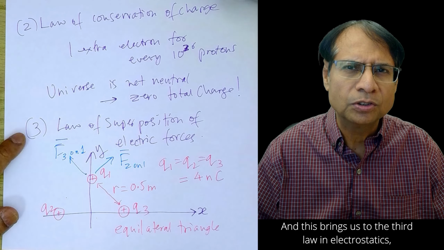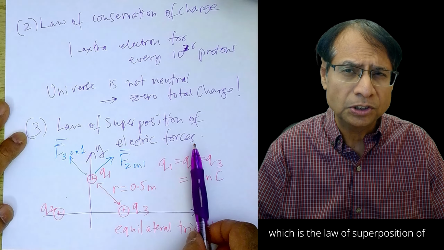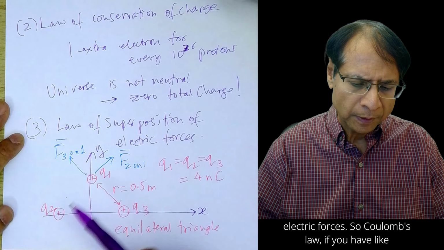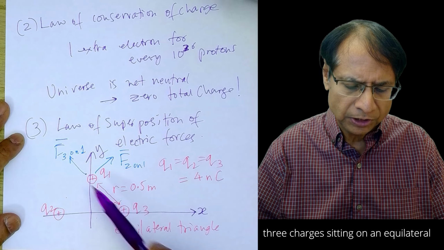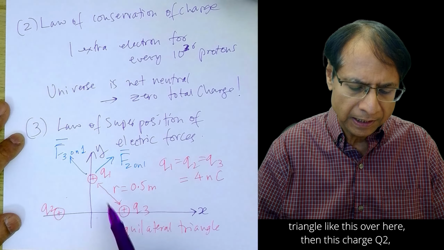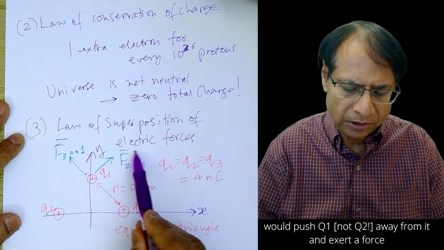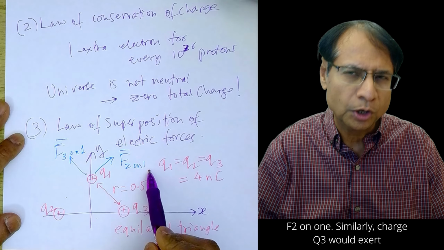And this brings us to the third law in electrostatics, which is the law of superposition of electric forces. So Coulomb's law, if you have like 3 charges sitting on an equilateral triangle like this over here, then charge Q2 would push Q1 away from it and exert a force F2 on 1.